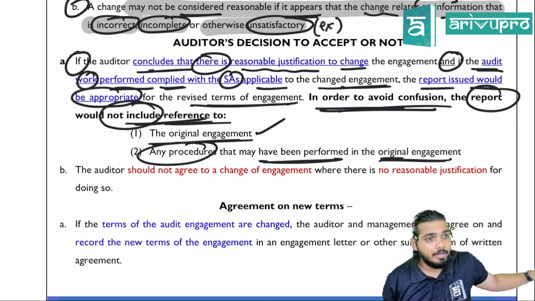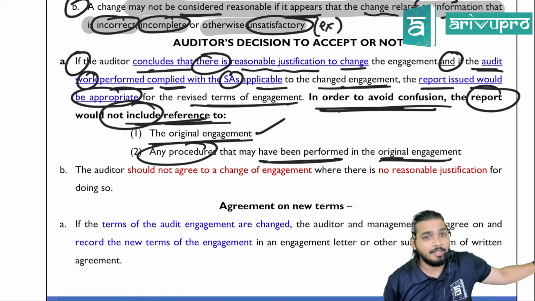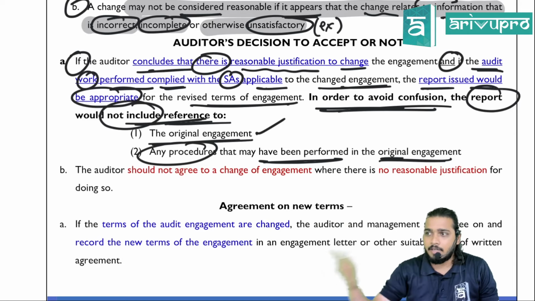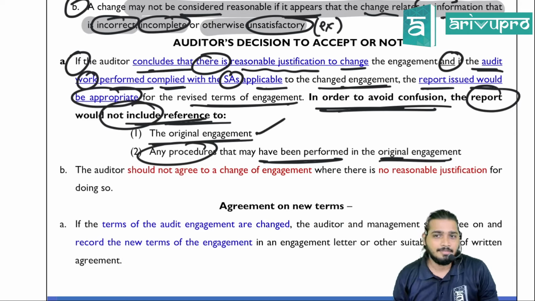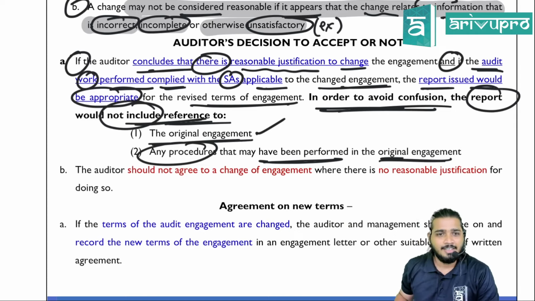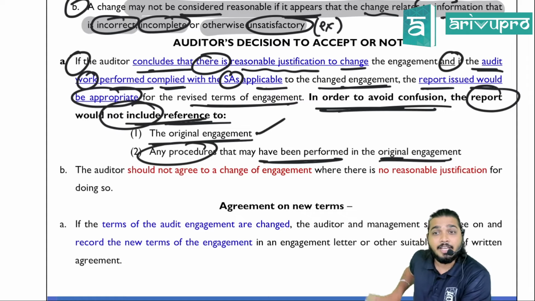Don't mention your ex-engagement. Don't even mention the procedures performed, what you have done. Otherwise, the new party will get confused about who you are, what you are doing, what you are saying. Avoid confusion. Don't talk about your ex-engagement.